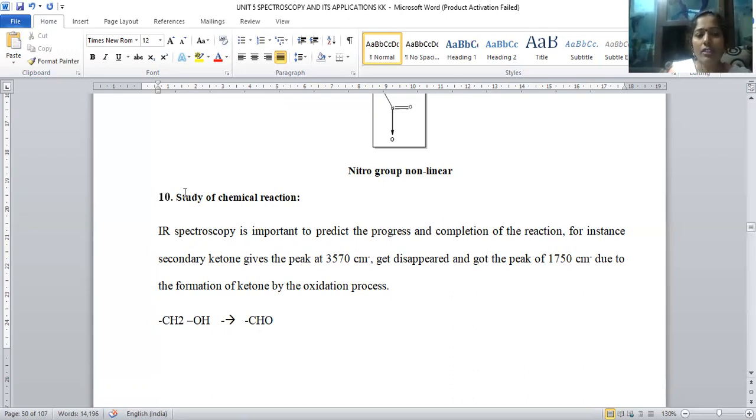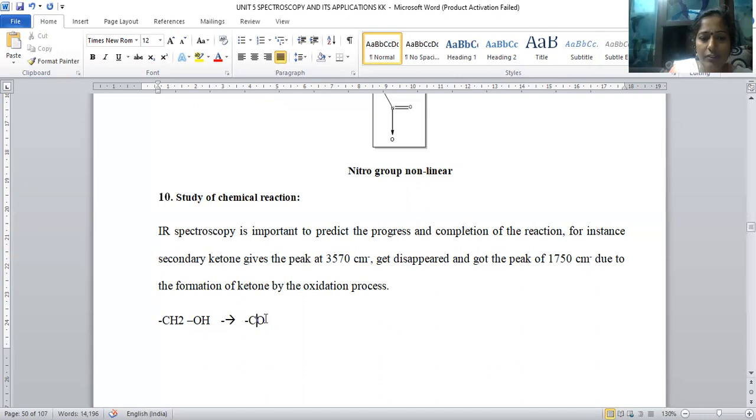So let us see how the study of this chemical reaction is possible by using infrared spectroscopy. Initially, a peak is given for the hydroxy functional group at 3570. After the required time duration, it will be converted into a carbonylic functional group. When it is converted, the peak will appear at 1750 centimeter inverse due to the formation of ketone.